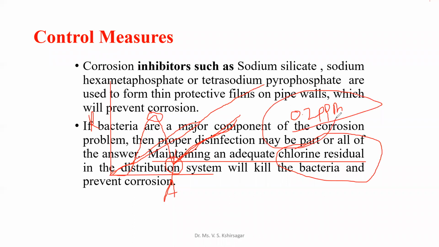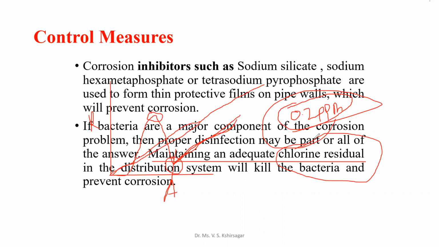Why should this 0.2 ppm quantity remain in the water? To avoid the recontamination of water during the transportation of water in a pipe. Are you getting? This amount is known as the residual chlorine.